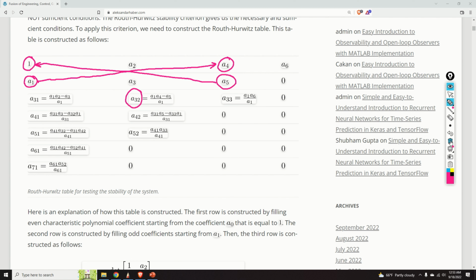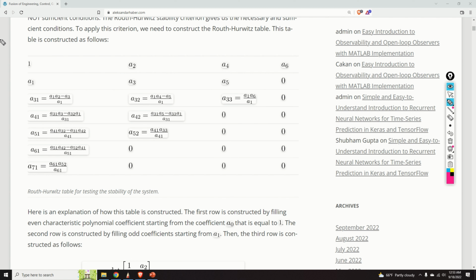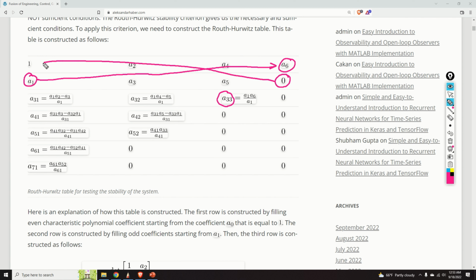Similarly, we compute the coefficient A33. Again, we take A1, we multiply A1 by A6, we place a minus sign that you cannot see over here because I have a 0 over here that multiplies A0 and that gives you 0, and we divide the result by A1.